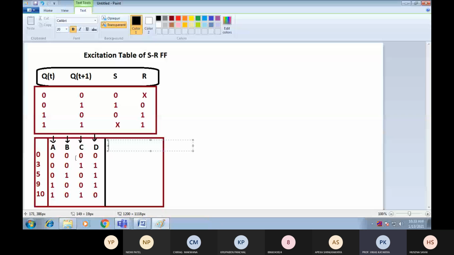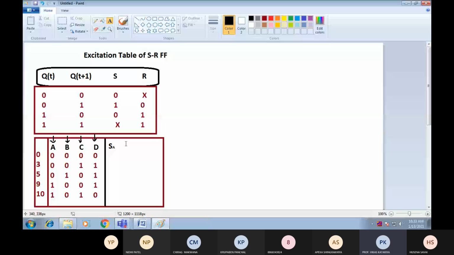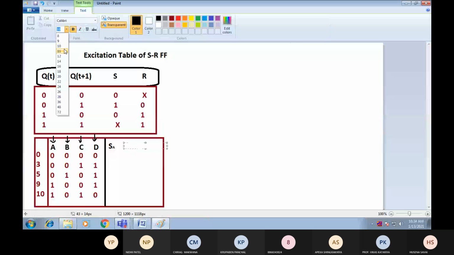So for A, it is SA, and because we are using SR flip-flop, for every input it is SA and, sorry, RA. So here we have to write RA. So SA, RA.